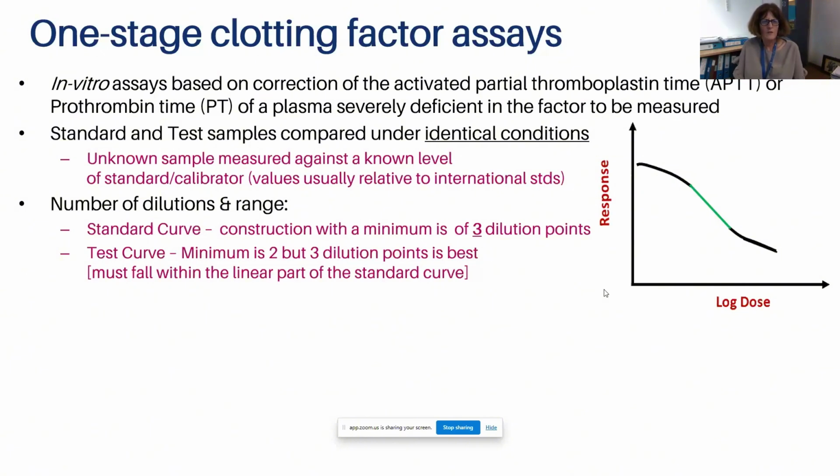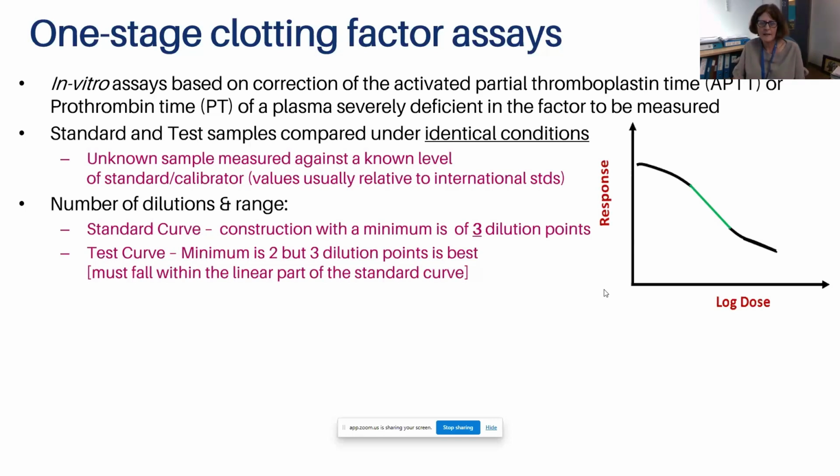Okay, thanks, Yvonne. So now I'm just going to go through how we're going to investigate. You might have already had this before, but how do we investigate a prolonged PT or a prolonged APTT if we think that they're factor deficient? So like the first result I showed you with the query haemophilia with a very prolonged APTT of 100 seconds, the normal PT, the normal thrombin time, and a good correction of the patient's plasma when we added normal pool.